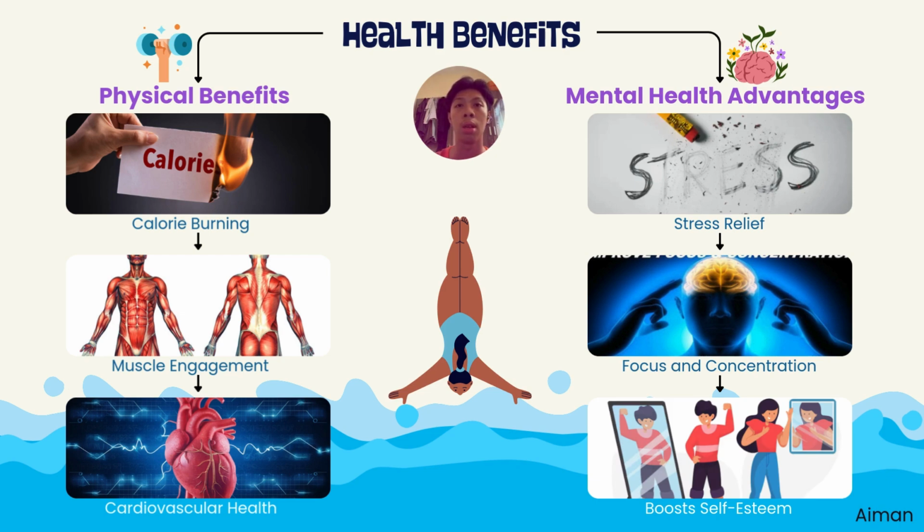When we're doing the butterfly stroke, multiple muscle groups work together, which are core muscles, arm muscles, chest muscles, and back muscles. Lastly, cardiovascular health, because the butterfly stroke can strengthen the heart and improve blood circulation, enhancing overall fitness.